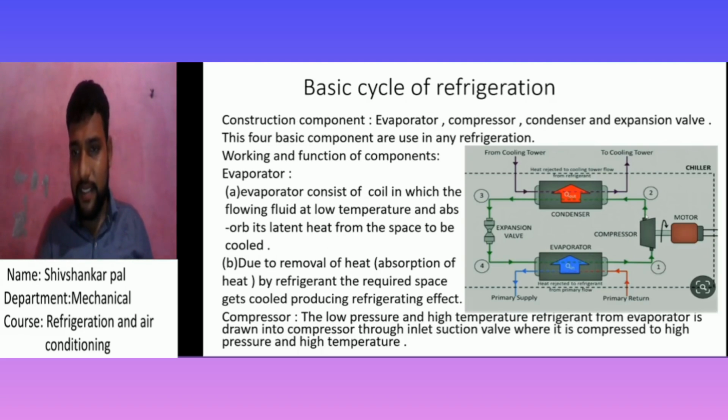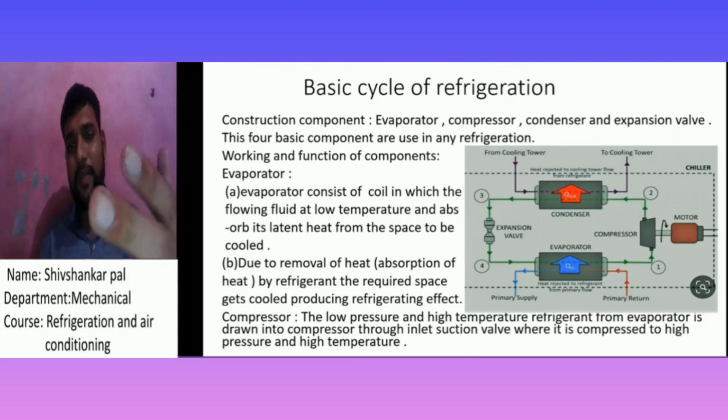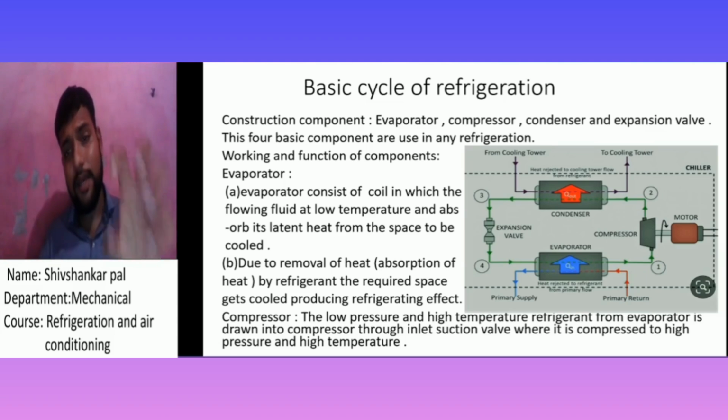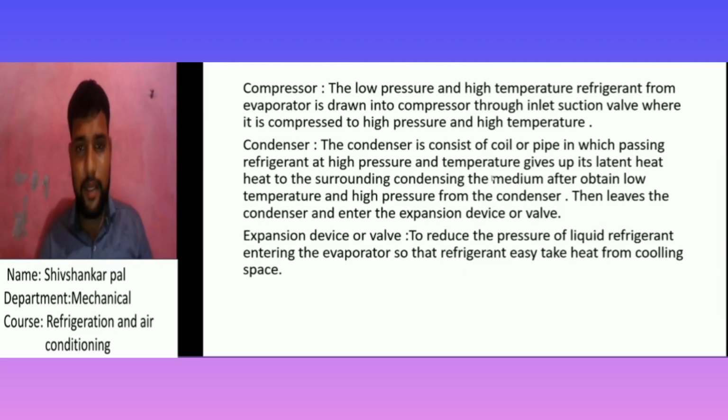After compression, our refrigerant goes into the condenser. The condenser also consists of a number of coils, and here the heat is exhausted into the surroundings. The evaporator takes heat from the space, but the condenser exhausts heat to the surroundings. The refrigerant passes through the coil pipe at high pressure and temperature and gives up latent heat to the surroundings, condensing the medium.